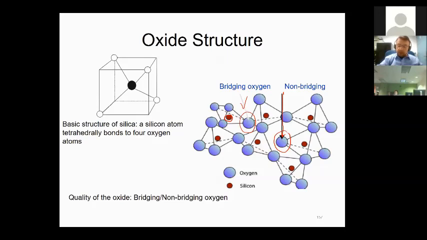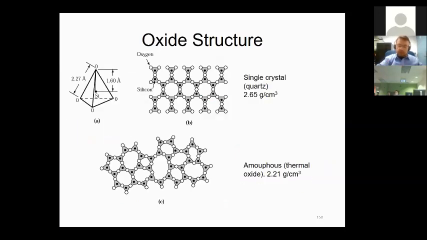They will be called the non-bridging oxygen atoms, and the ratio of these two will give you an idea about the quality of your oxide. So if your oxide is mostly non-bridging, it will be a lower quality oxide compared to the case when you have mostly bridging oxygens.